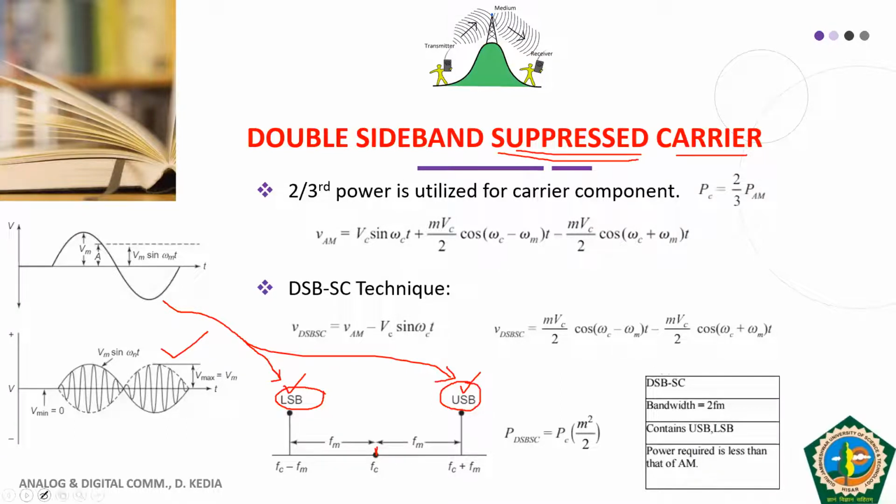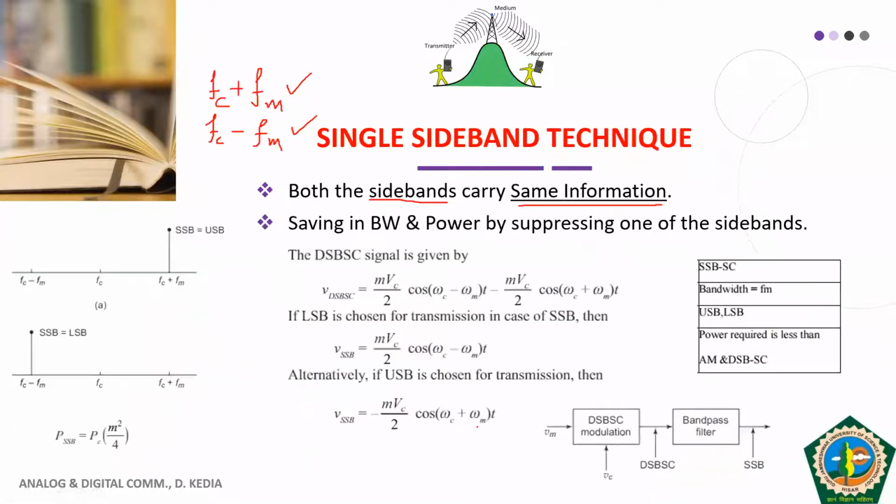So if the same information is present, then what is the need of sending both the sidebands? We can think of removing one of the sidebands. Because of modulation, we got three things: one is the carrier part, another is the upper sideband, another is the lower sideband. Carrier helped us in obtaining sidebands, and that's why we thought of removing carrier.